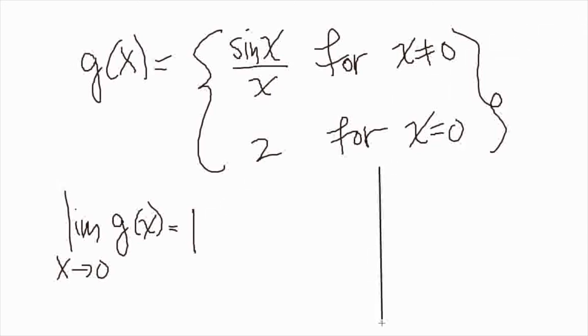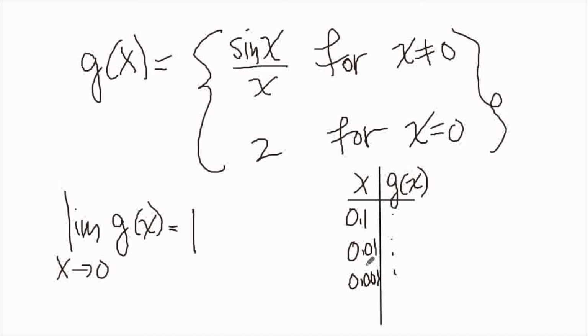Notice that, remember when we were doing our tables? And for this one, you might want to go ahead and do a new table, but we had stuff like 0.1, 0.01, 0.001, etc., right? Now, notice that we never plug in 0 for x.